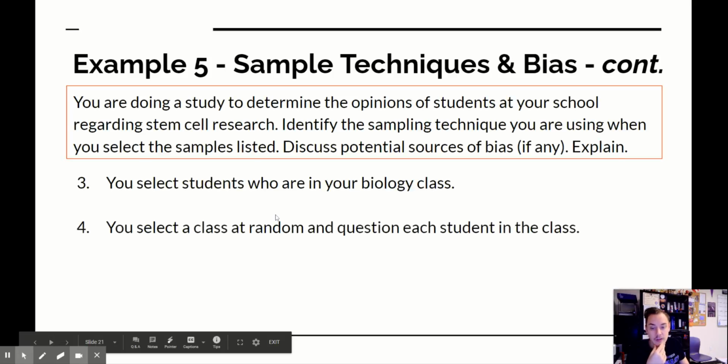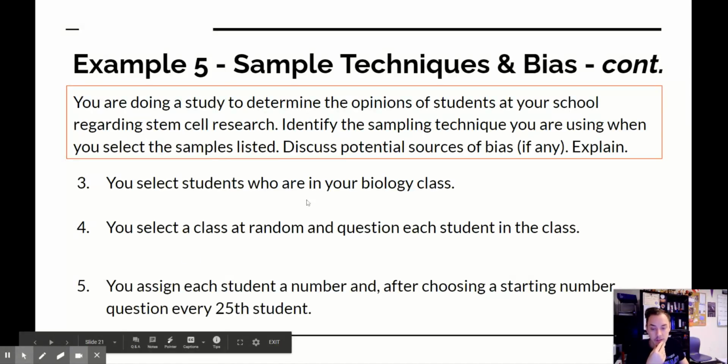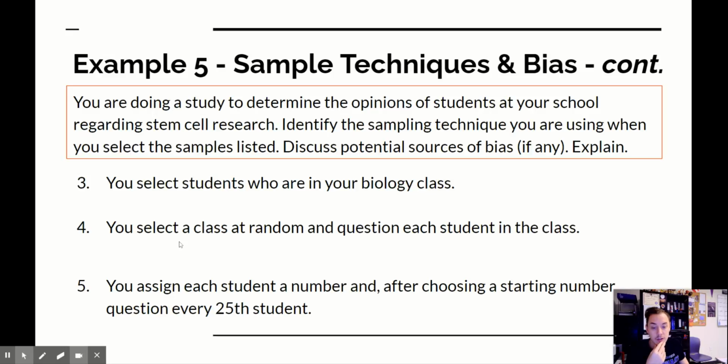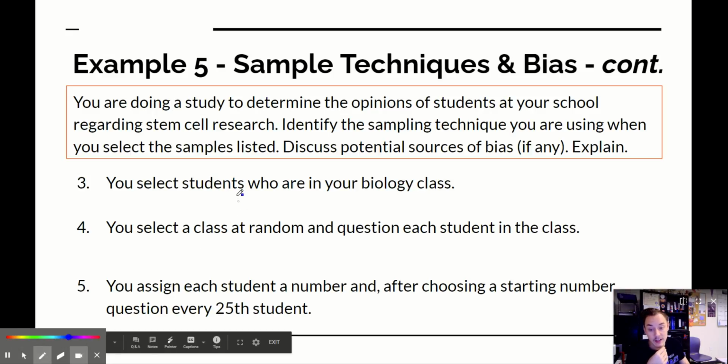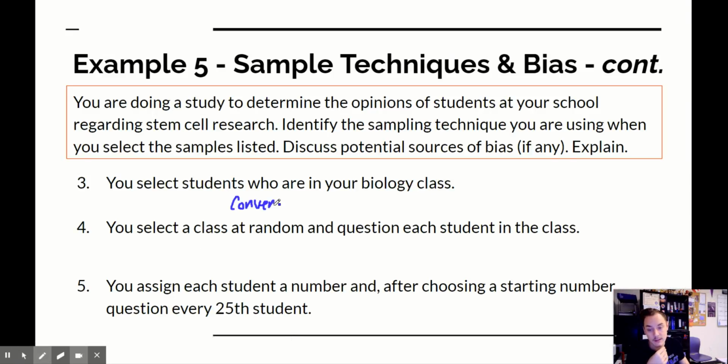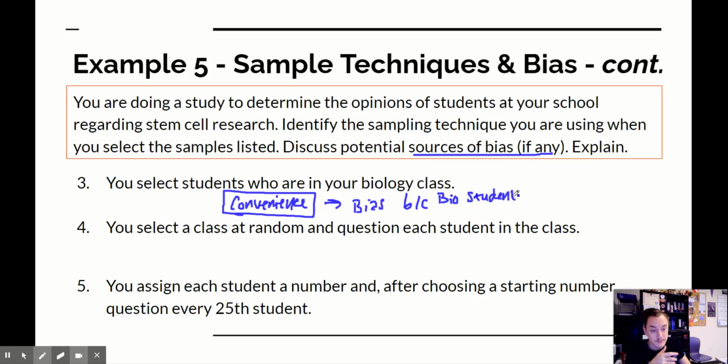Next, let's go through all of them. You select students who are in your biology class. Well, this is convenience, okay? Because they're in your biology class and you don't need to go far. But it's also what we call bias. Okay, this is a bias. Select any sources that are biased. Why is it biased? Because bio students know more.